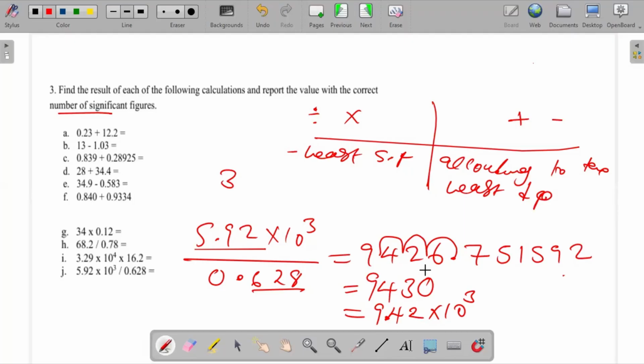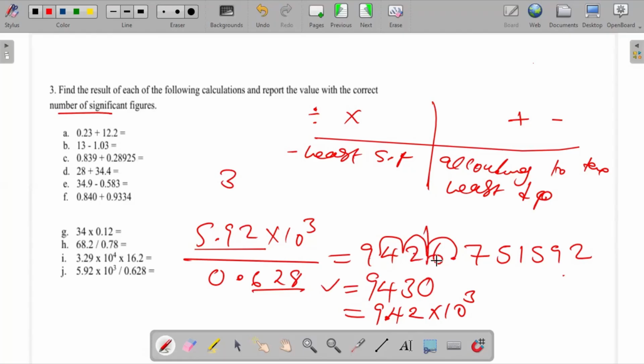Now, after calculating, we are getting this number. So we need to make sure that we have 3 significant figures. I counted 1, 2, 3, isn't it? So I want to end here where there is a 2, right?